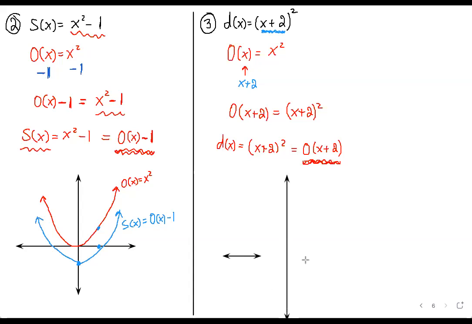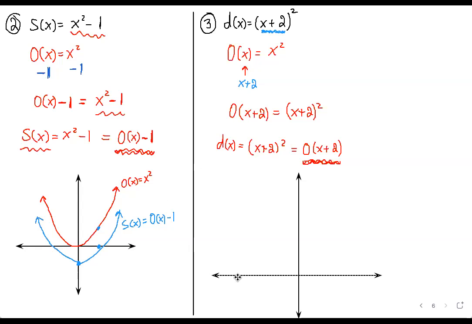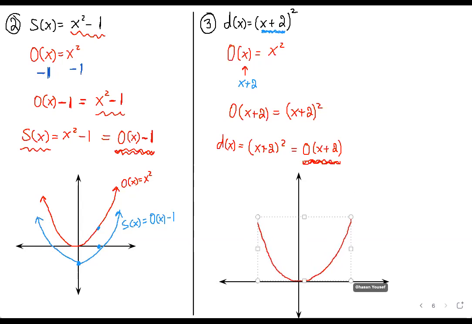So the graph is something like this. The original function is x squared.